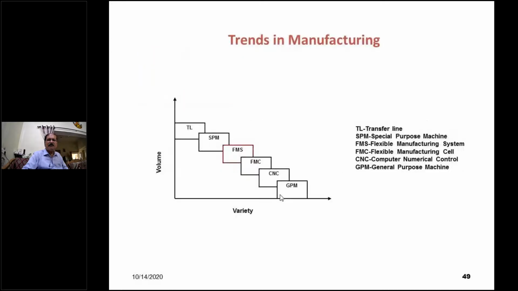So these are the trends in manufacturing: CNC machines, then flexible manufacturing cells, then flexible manufacturing system, like that. This is the trend in manufacturing.